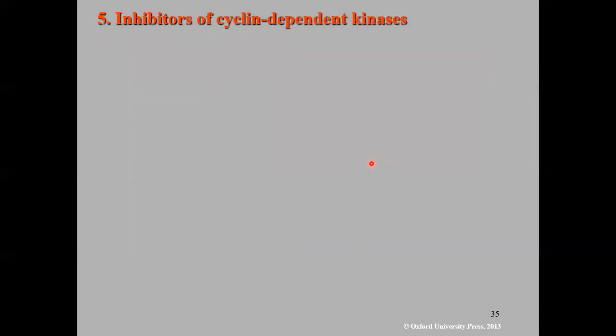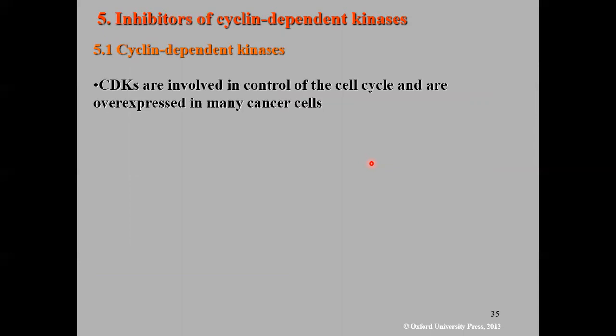All right. We talked about the tyrosine kinases. We talked about imatinib, gefitinib, their analogs, the first and second generations of them. Now let's move on. Let's talk about the cyclin-dependent kinases, the inhibitors of cyclin-dependent kinases. So what are the cyclin-dependent kinases, or what they like to call them, CDKs?